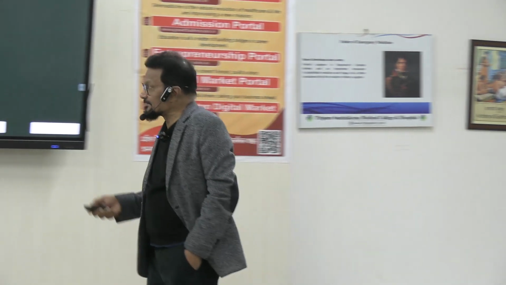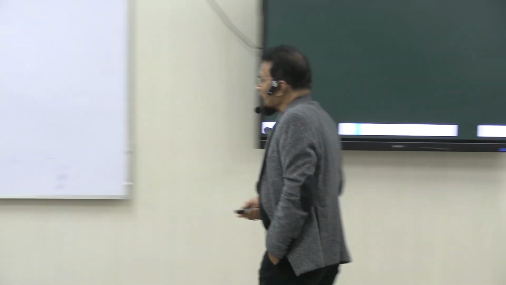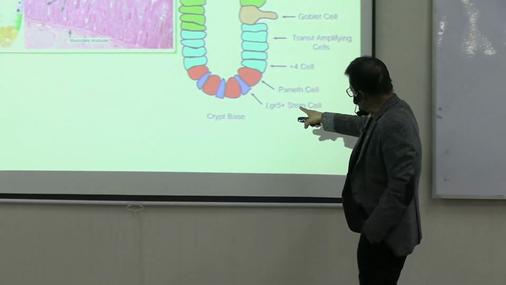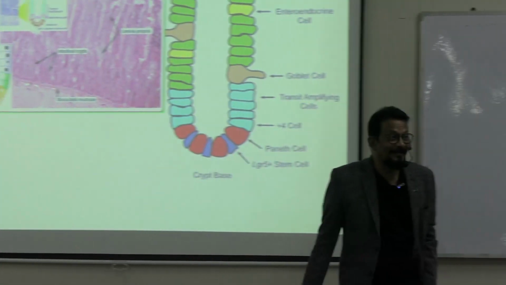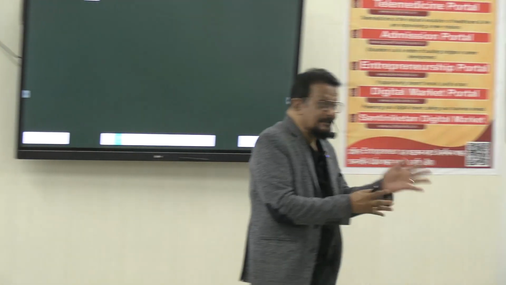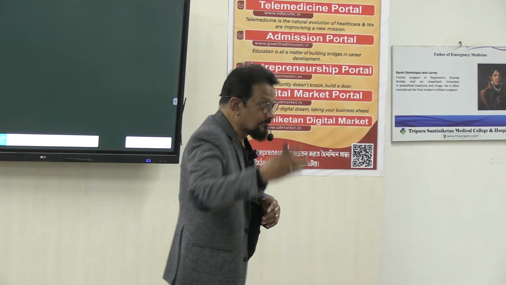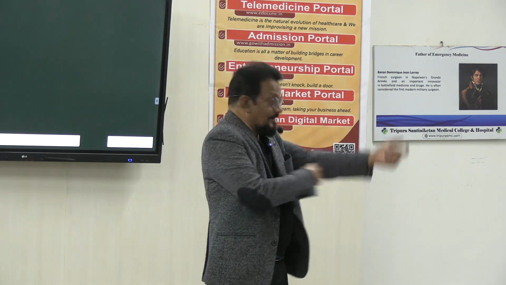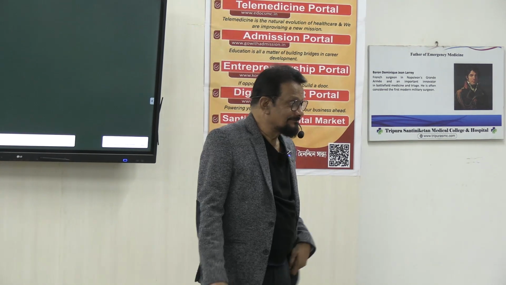So what are these cells? Stem cells. You will find there are stem cells. And we know stem cells can be transformed into any kind of cell; they can produce any kind. We have seen this in bone marrow.